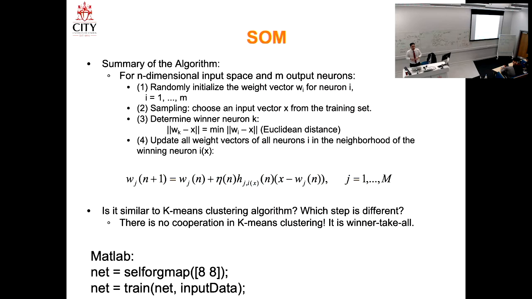It goes through 10,000 iterations, and you can define how many you want. And it finds the clusters that you want. And you can see that they are spatially relevant. So if, for example, you are clustering the years of production of your wine, we will see that the years that are closer are grouped together, and the ones further away are further apart. And then you call train on the net and you give it your input data.